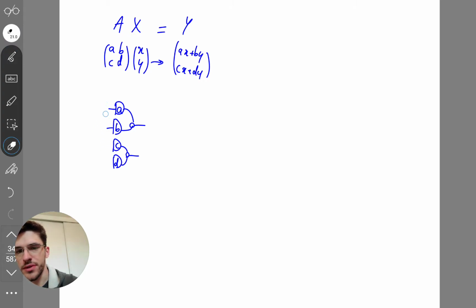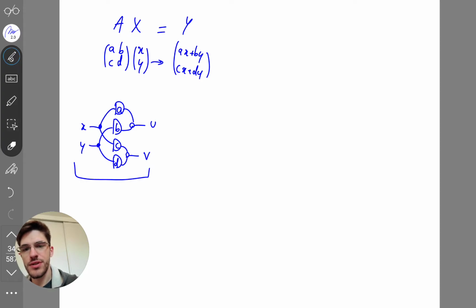You don't reuse variables, that's not a thing. You need to be explicit about the fact that it's the same by using the black dot, which does equality or copying, depending on how you see it. Let's call this U, V. This graphical equation is the equation: U is AX plus BY and V is CX plus DY.